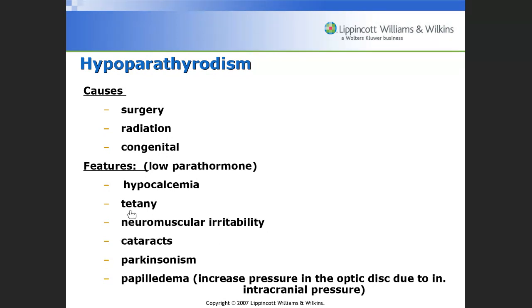There could be increased heart rate, tetany, neuromuscular irritability. Again, the concentration of calcium regulates neural activity. Too low or too much; too low could lead to irritability, if you will.